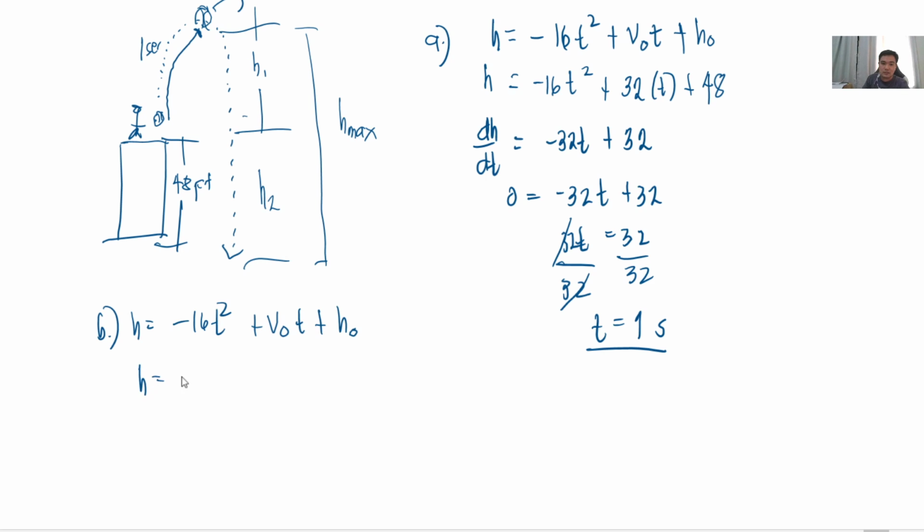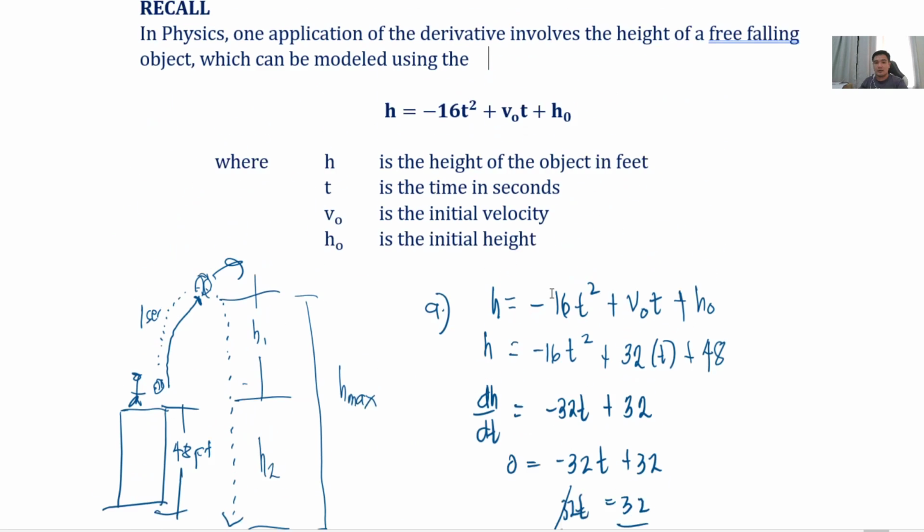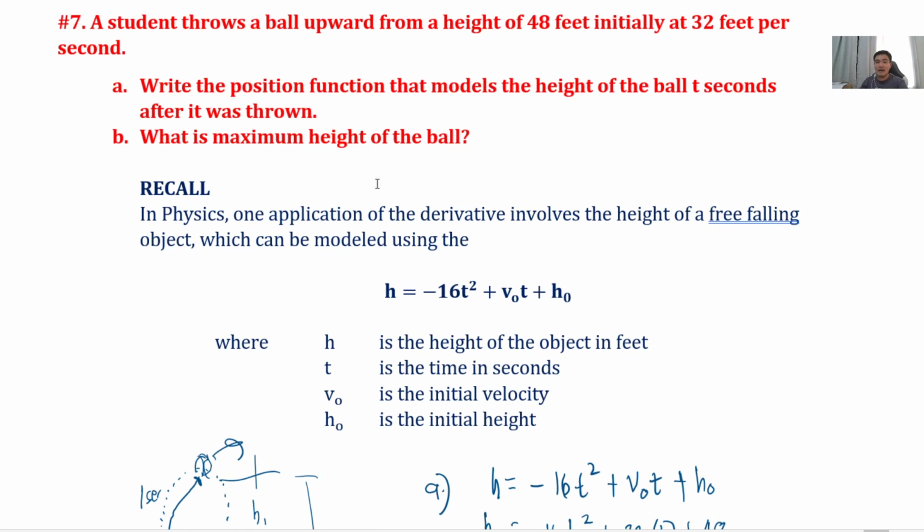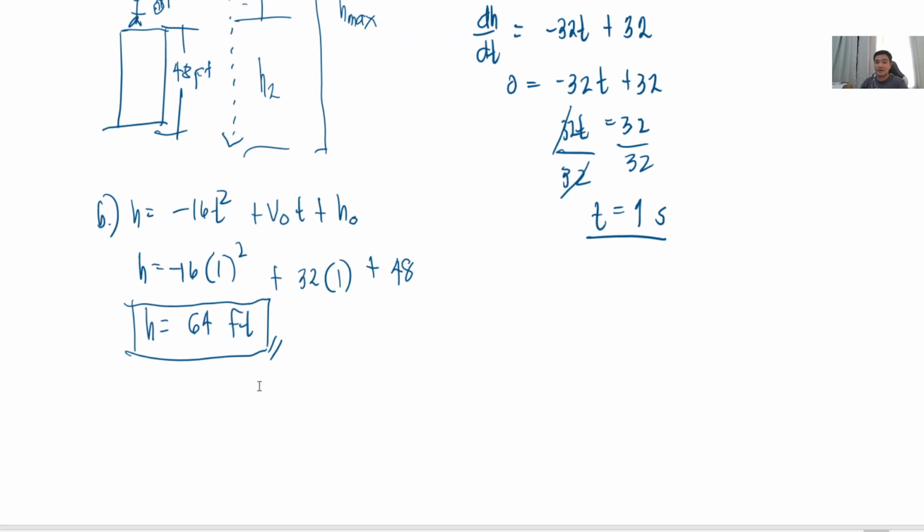So, height now is equal to negative 16 times 1 squared plus v0, that is 32, times 1 plus the original height, that is 48. And that will give us 64 feet. So, that is the maximum height of the ball from the ground.